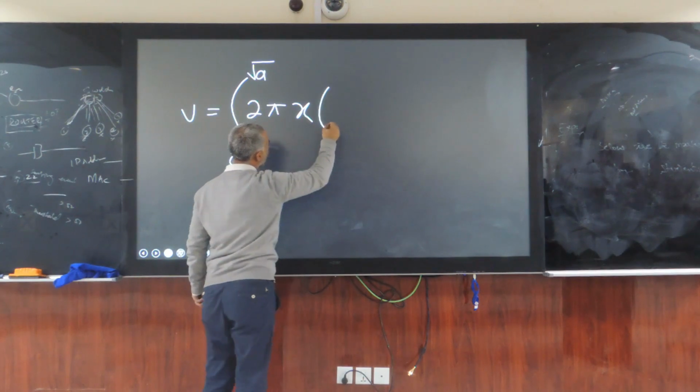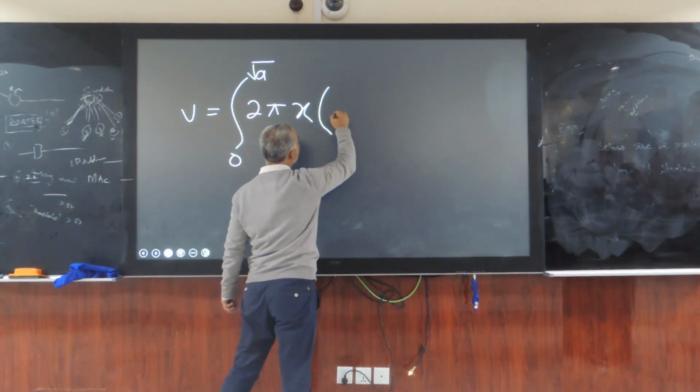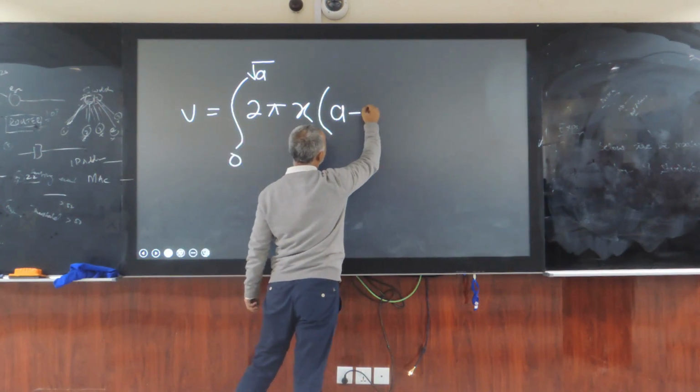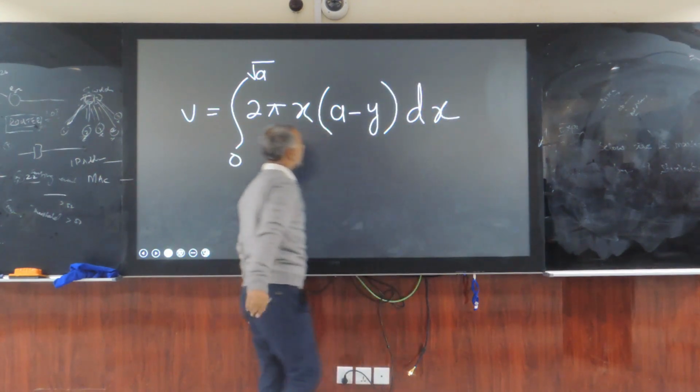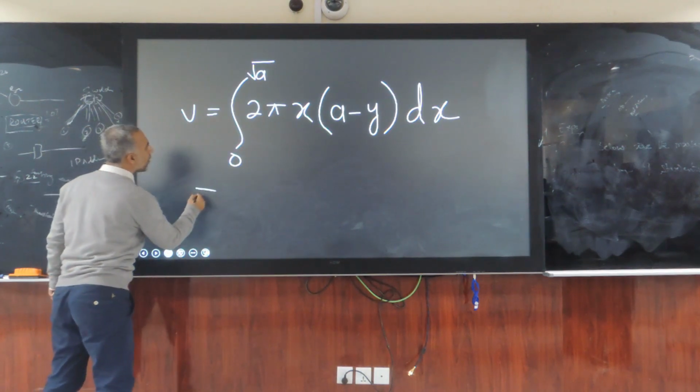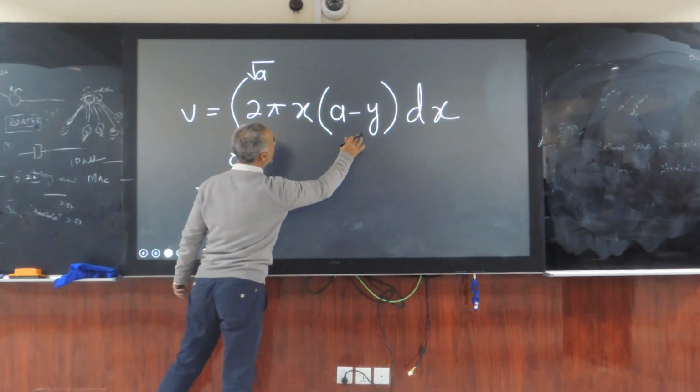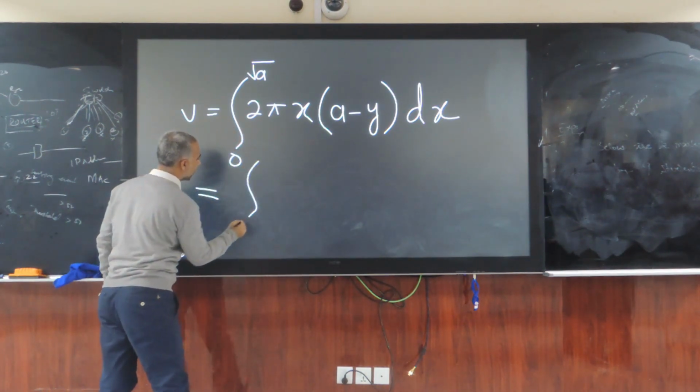x, and in terms of height we will write a minus y dx, and due to the parabolic nature we will substitute the value of y as x square.